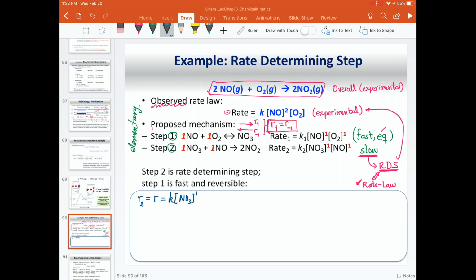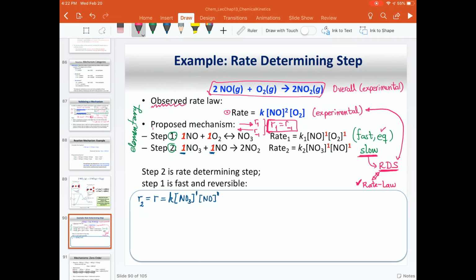Remember, in an elementary step, the powers are going to be according to the stoichiometric coefficients, times the concentration of NO to the power of 1. Only in elementary steps can we make these stoichiometric coefficients equal to the powers in the rate law.